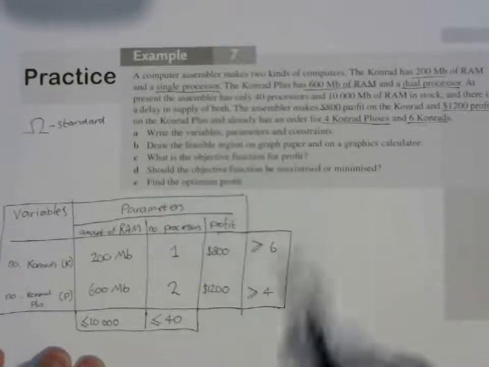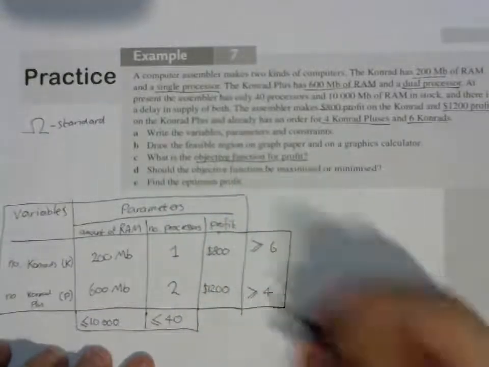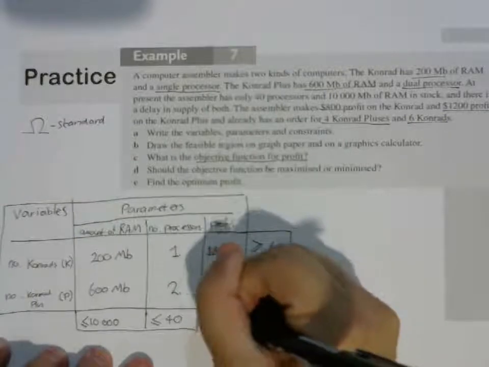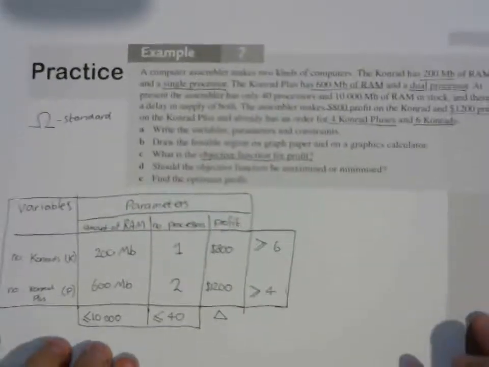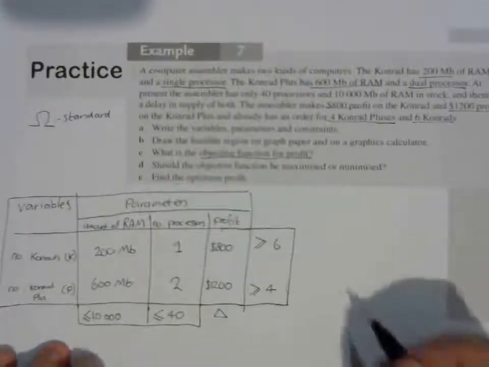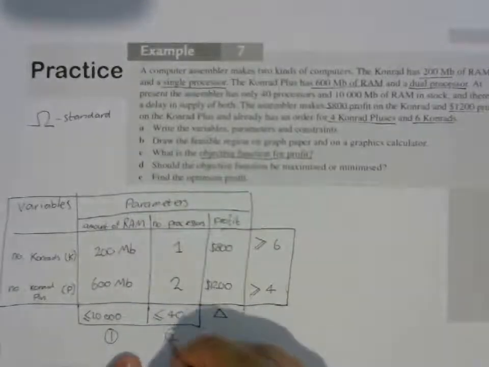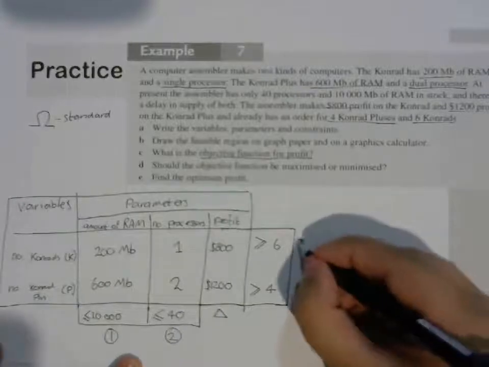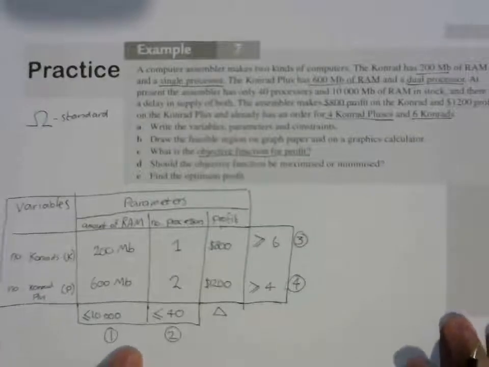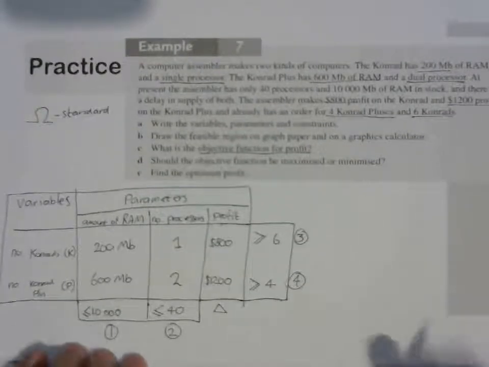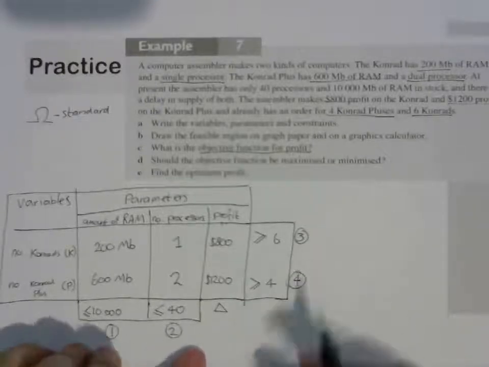Okay, reading my question, I'm told that the objective function is going to be for profit. So this one is my objective. So I'm going to ignore that parameter for the moment being. But I do have linear inequalities for the amount of RAM, the number of processors, the number of Conrads, and the number of Conrad Pluses. So I want to write the constraints for each of these 4 constraints.